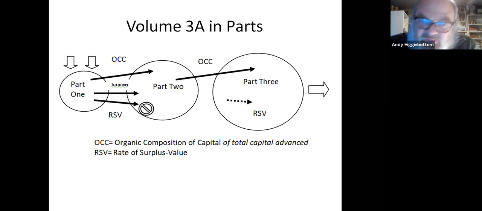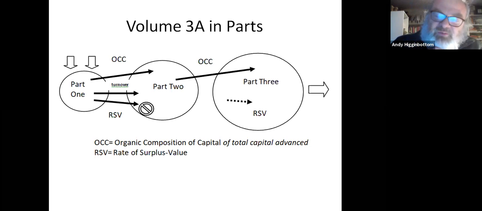And he does involve the turnover to some degree as well in part 2. What I'm going to show a bit more today is how he treats, in part 3, where he's looking at the declining rate of profit, the differential rates of surplus value. And the dotted line is almost perfect because it keeps skipping in and out, as we'll see in a bit more detail as I go through it.